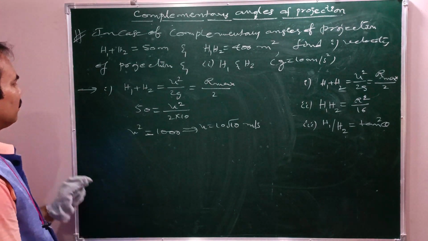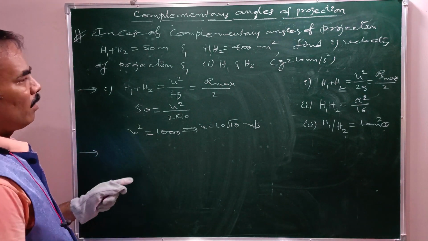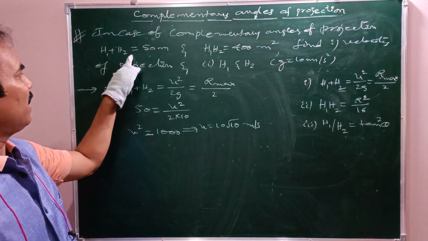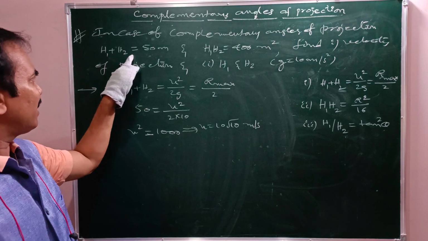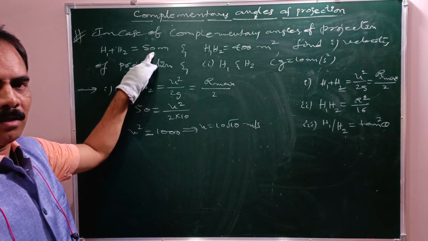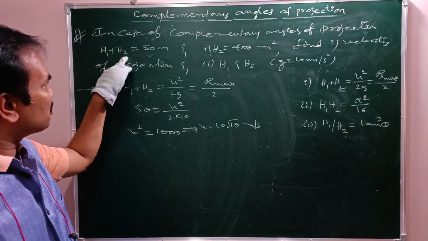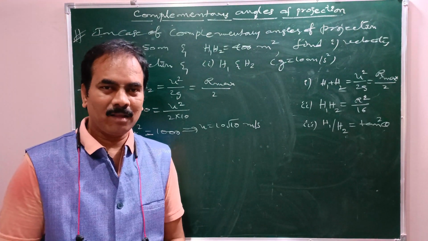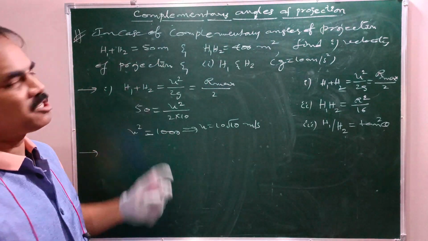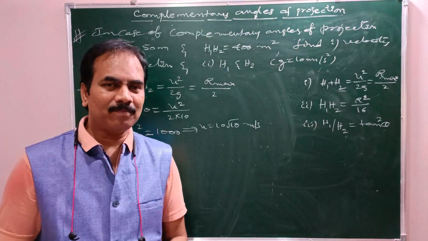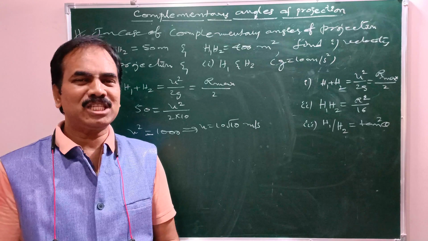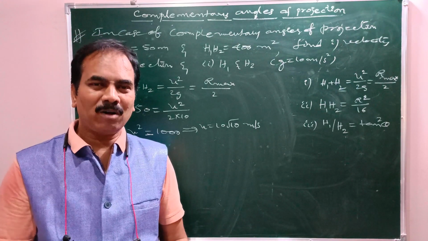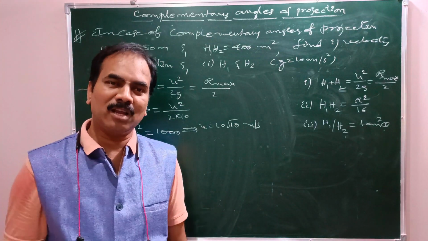Now coming to the next point, how to find h1 and h2? Already we have h1 plus h2 value. If we have h1 minus h2 also, then we can solve both expressions to find h1 and h2. Now how to get h1 minus h2? Take that relation (a plus b) whole square minus (a minus b) whole square equal 4ab. From that formula, (a minus b) whole square equal to (a plus b) whole square minus 4ab. Why?